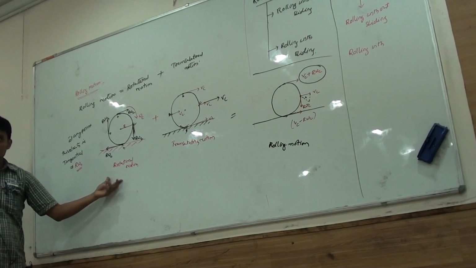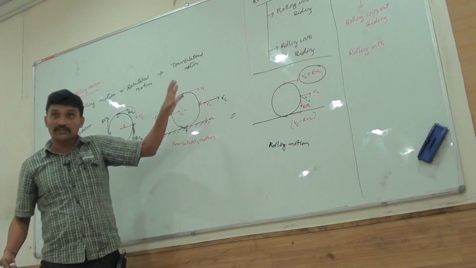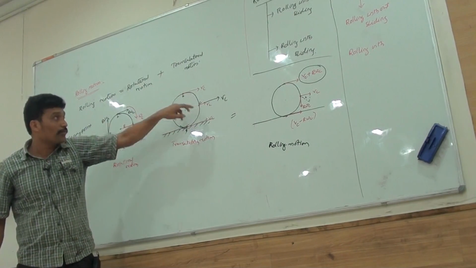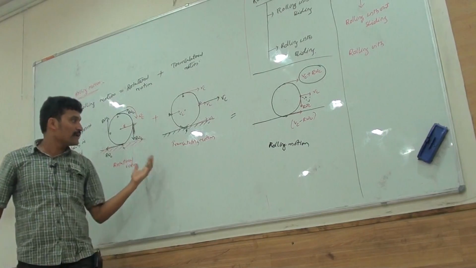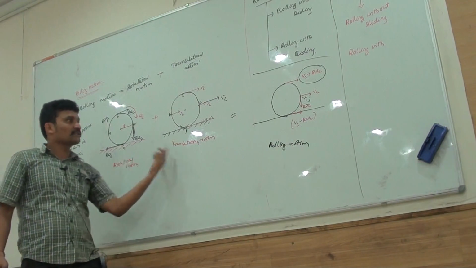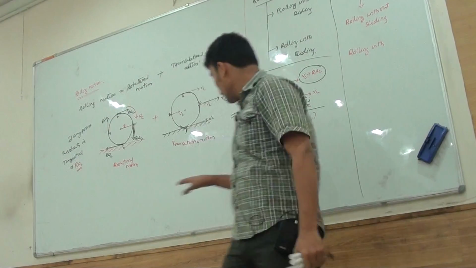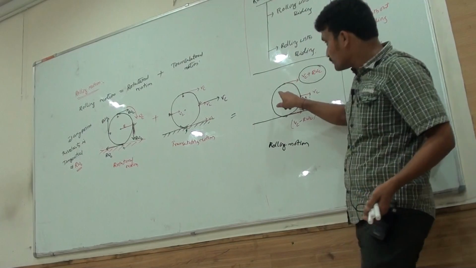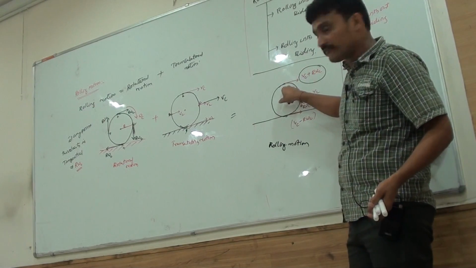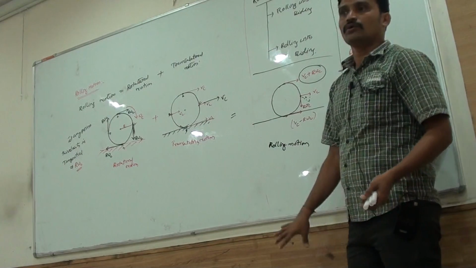In translated motion, the body moves with a common velocity, meaning all particles in the body move with the same velocity. Now we combine rotational motion and translating motion. That is called rolling motion. In rolling motion, different particles have different velocities, but the topmost point has a higher velocity than the bottommost point. So this is about rolling motion.